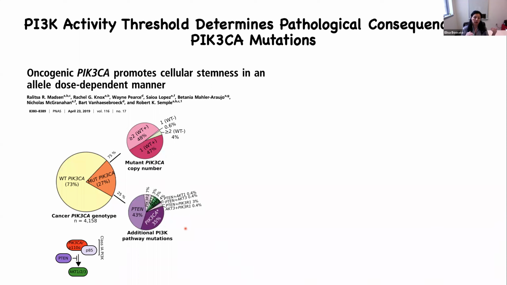So either there are two copies of the mutant allele, or there is a mutation in a gene in the PI3 kinase pathway that is also inducing constitutive activation. So functionally it is as if it was a homozygous hyperactive mutation. Conversely, as you know, in vascular anomalies, this mutation happens in heterozygosis. Only one allele is mutated.